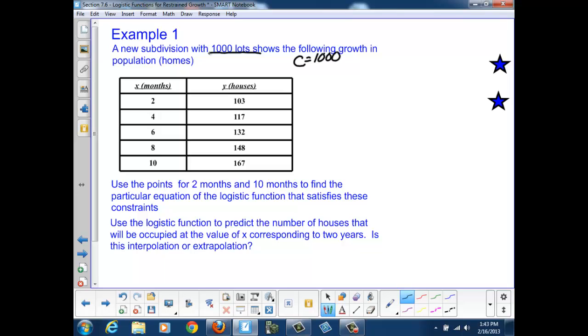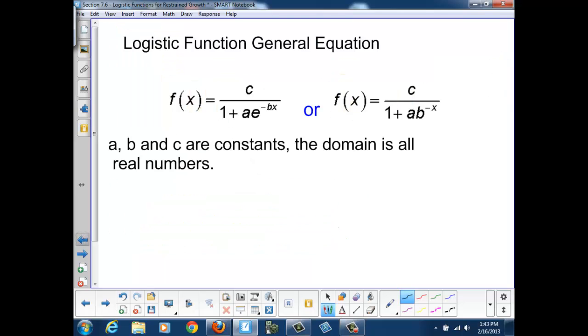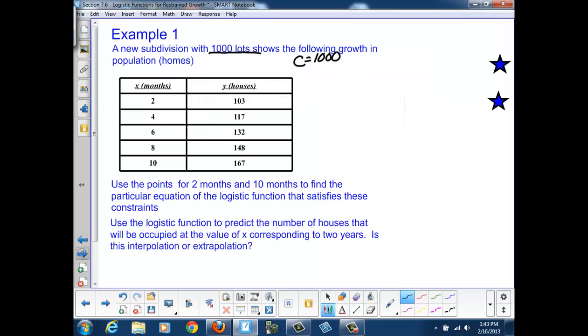From there, we're going to take the same approach we have with every other type of equation in this chapter. We're going to take our 2 data points and plug them into our general equation. Let's use the secondary equation here and solve for A and B. So our general equation is y equals c over 1 plus a times b to the negative x.